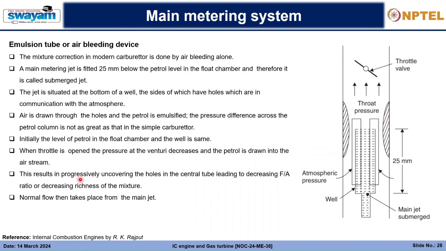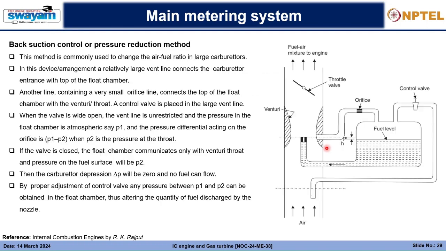This progressively uncovers the holes in the central tube, leading to a decreasing fuel-air ratio, or decreasing richness of the mixture. Since air is bled through the holes, the air content is high, so the fuel-air ratio decreases and hence the richness of the mixture also decreases. Normal flow then takes place from the main jet. So that is the emulsion tube or air bleeding device.